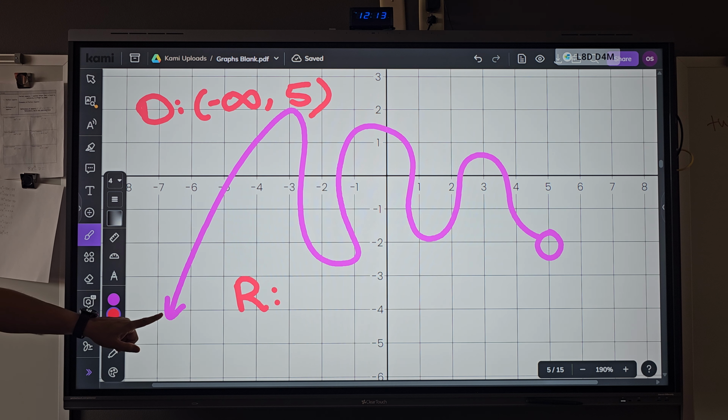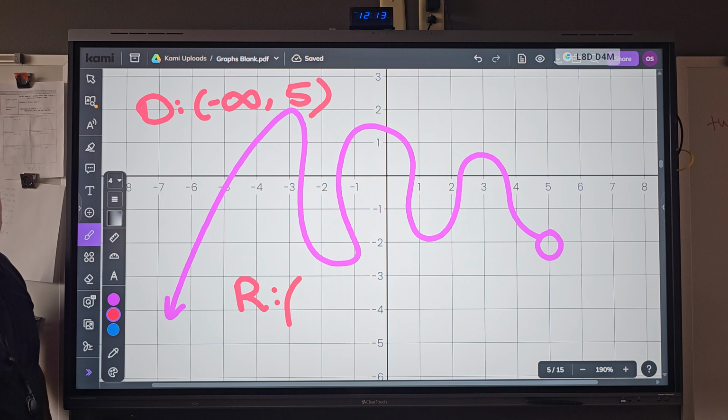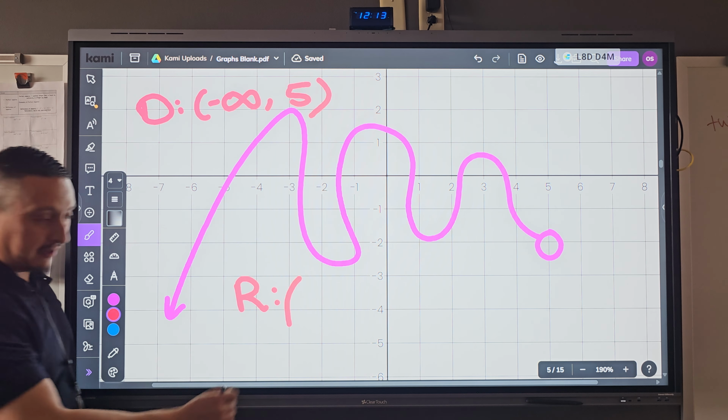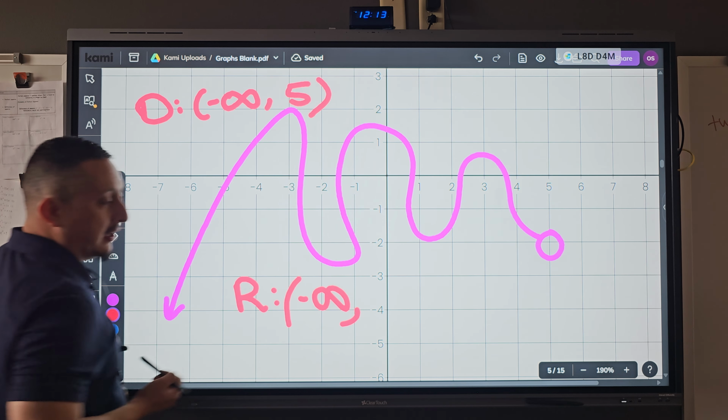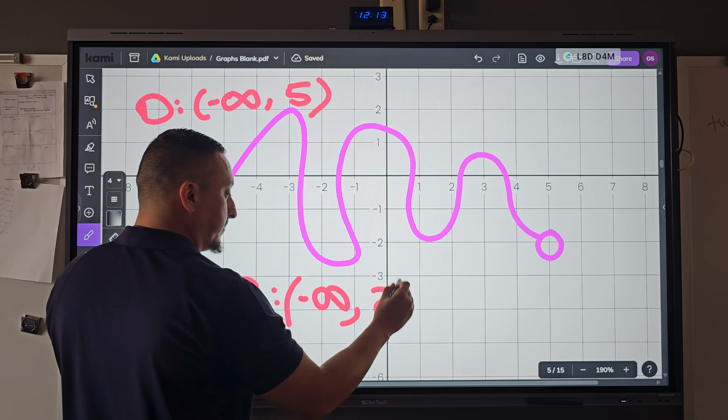So it would be -4 if it was a dot, right, but then the arrow means it keeps going. And so the bottom, is that negative infinity or positive infinity? Negative infinity. And then what's the highest part? Two. Bracket.